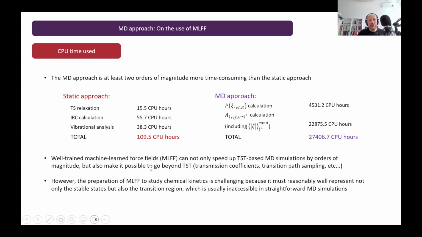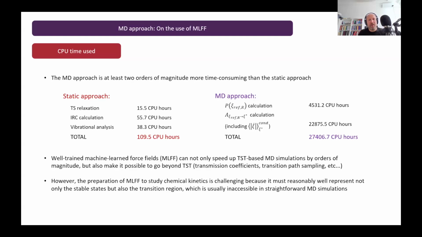But not only that, we should, in principle, be able to go beyond transition state theory. In our calculations, we should be able to perform also those types of simulations which were not affordable when using the ab initio or DFT framework. So we should be able to access transmission coefficients or routinely perform transition path sampling simulations and things like that.